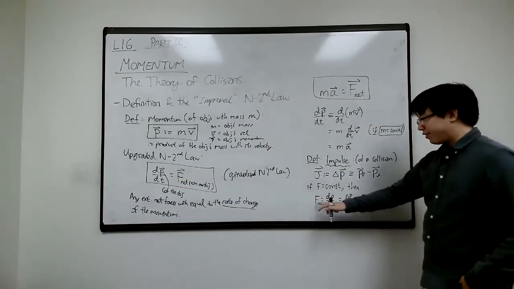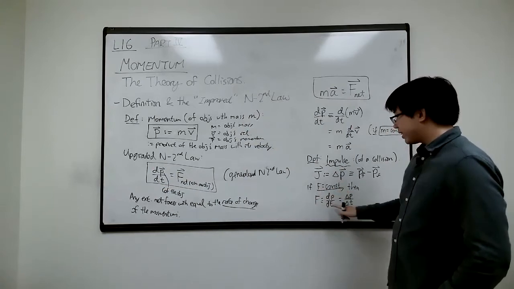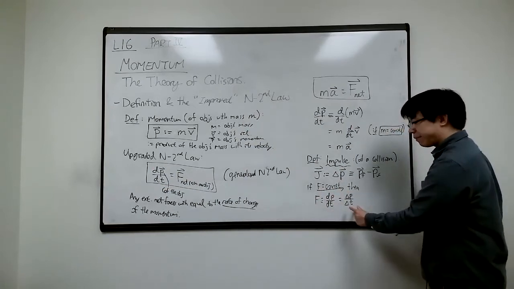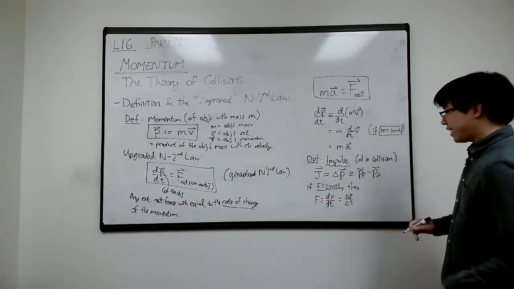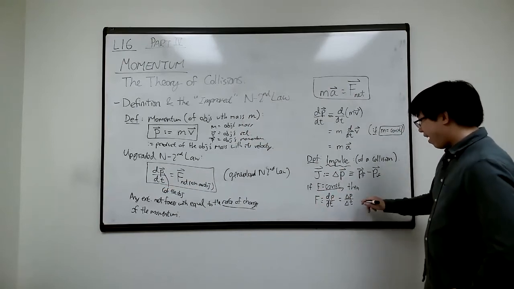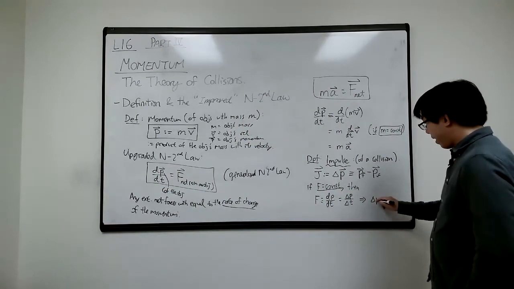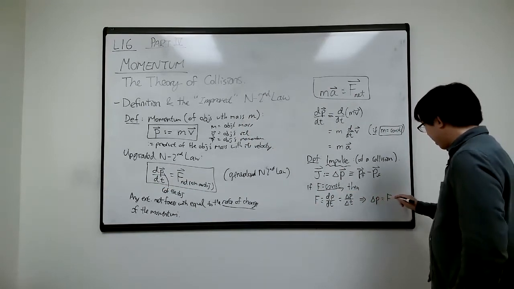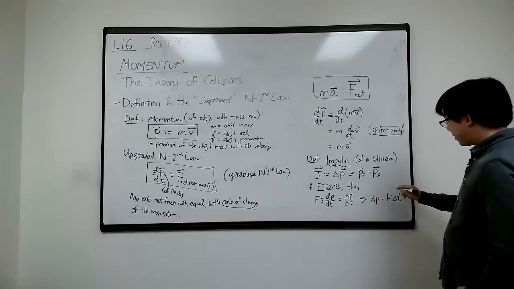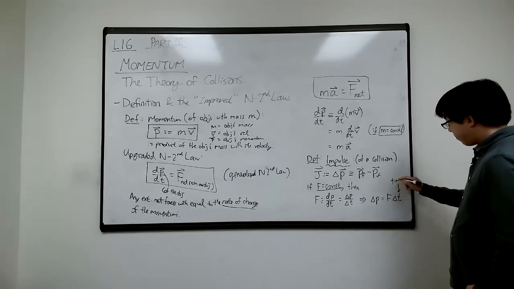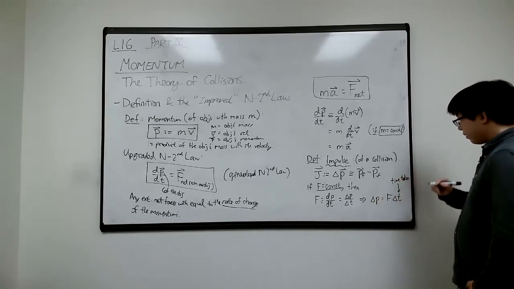So if this is a constant, that's important. If it's constant, then the instantaneous change is the same as the average change. We've done this many times in kinematics. And now you can rearrange this. So this implies that the change in momentum equals the force applied over the given time taken. So this is the time taken.